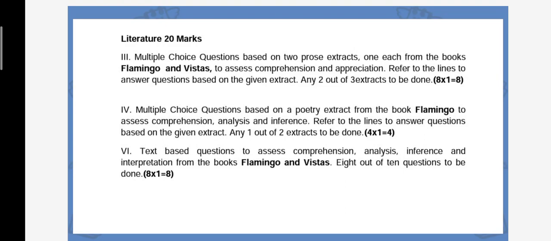Part A has literature section 2, which carries 20 marks. The third question here in Part A is a multiple choice question based on 2 prose extracts, one each from the books Flamingo and Vistas, to assess comprehension and appreciation.